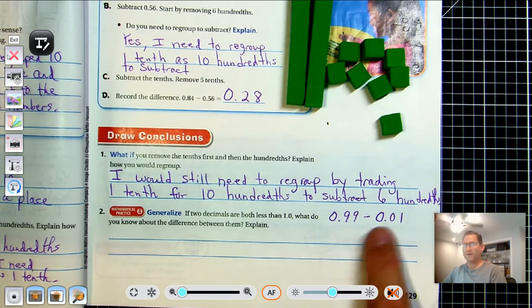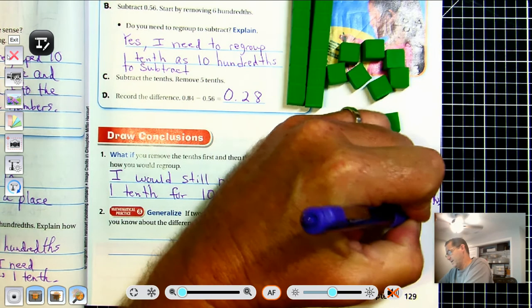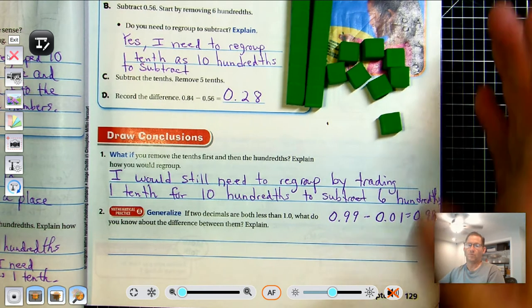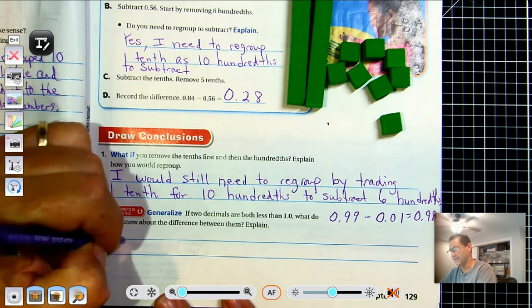So these are both less than 1. If I subtract 1 hundredth from 99 hundredths, that's the biggest hundredths I can get, and it's just going to give you 98 hundredths. So what do we know about two decimals less than 1? The difference has to be less than 1.